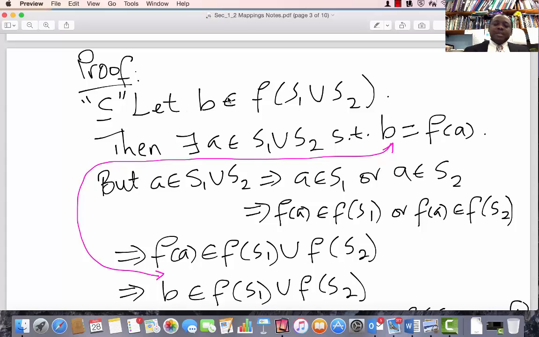So let B be an element of the left hand side, f of S1 union S2. By definition, what does that mean? It means there exists an element a, just like we had our a, there exists an element a in S1 union S2 such that B equals f of a.